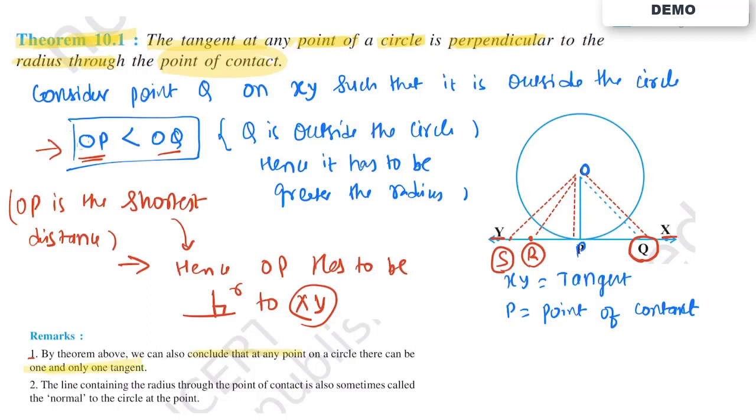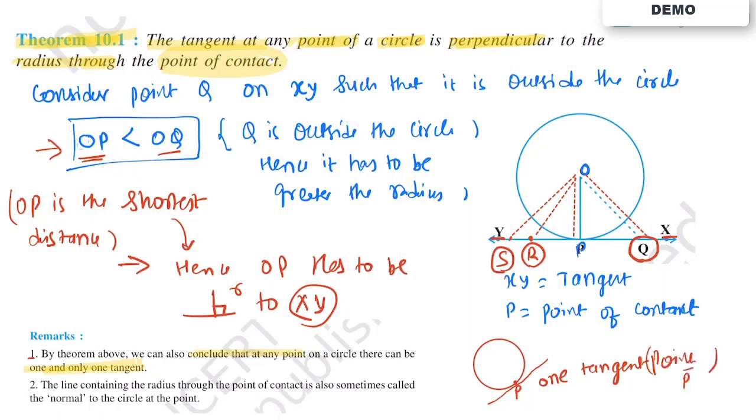That's a very important point, and you have to know it. Suppose this is a circle, and at any point, suppose this is point P. So we can have only one tangent at this point.